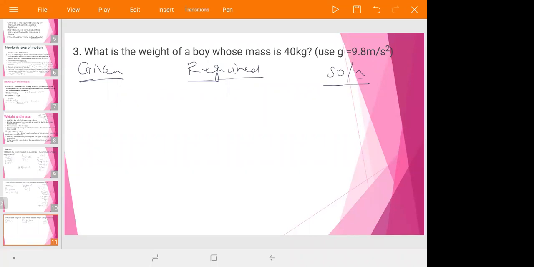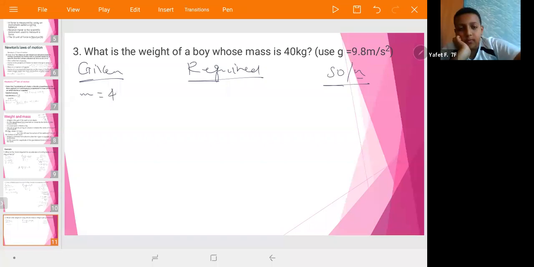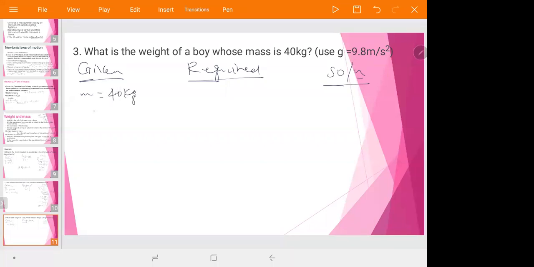Okay, let us see together. So, mass, how many do you have? 40 kilogram. Gravitational acceleration 9.8 meter per second square. So required one is weight. Weight is equal to mass times gravitational acceleration.